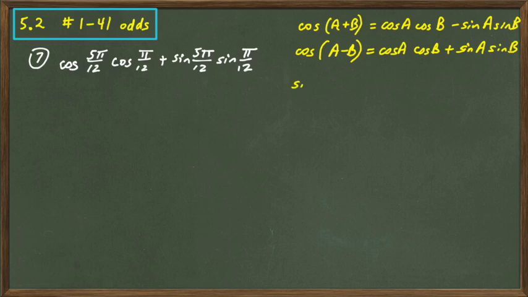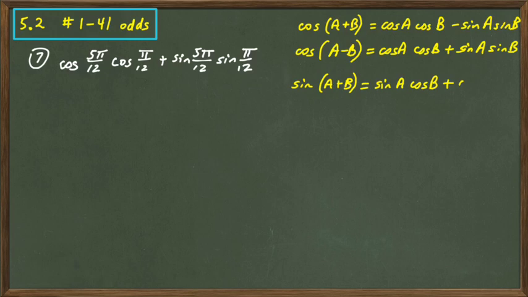Now how about the signs? Sine of alpha plus beta. Do you know what this is? Sine A, cosine B, the same sign, and then reverse it.